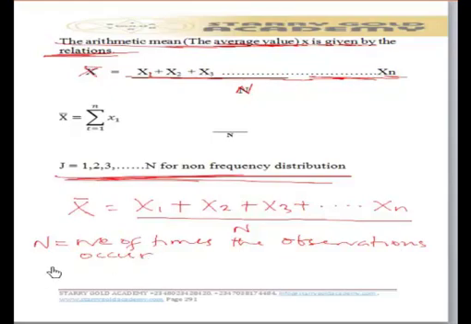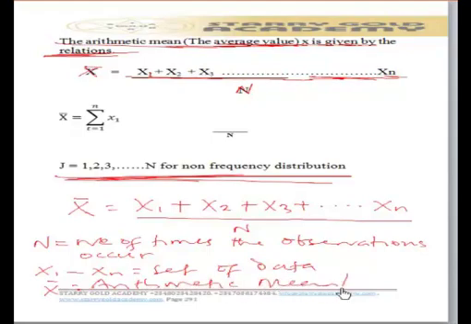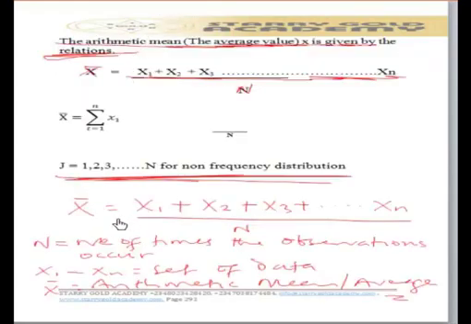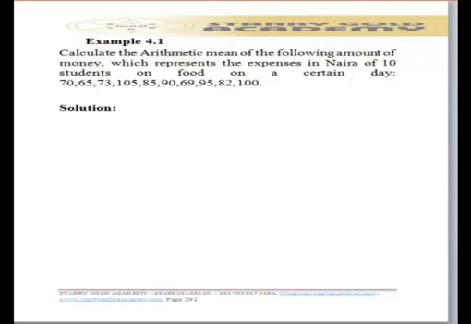Then we have x1 to xn, which represents the set of data from 1 to n. Then the x bar represents the arithmetic mean, which is otherwise known as the average. So when we are talking about arithmetic mean, we are otherwise talking about average. Anytime we want to compute arithmetic mean, this formula is expected to be used.